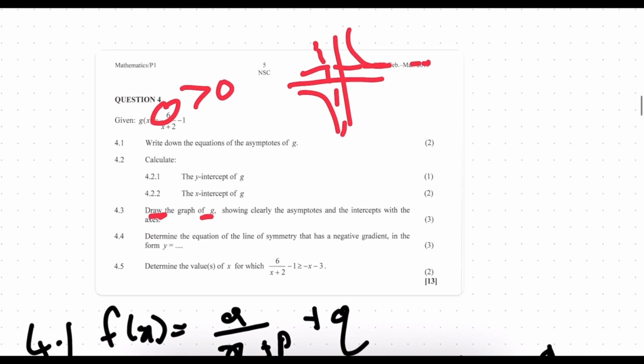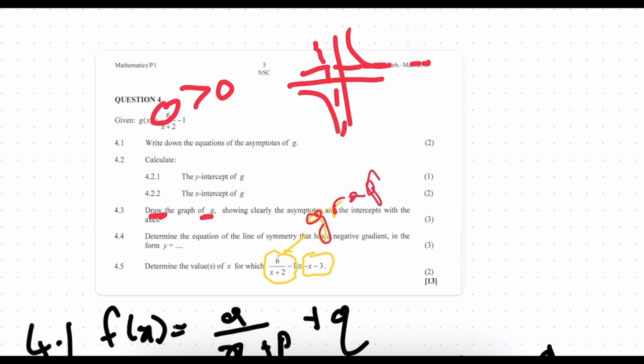Let's go and solve 4.5. They're asking for which values is this thing over here greater than or equal to this thing over here. What are you realizing here? This is your graph, ne? Let me use a red pen because red is dangerous and we're about to get 100%.